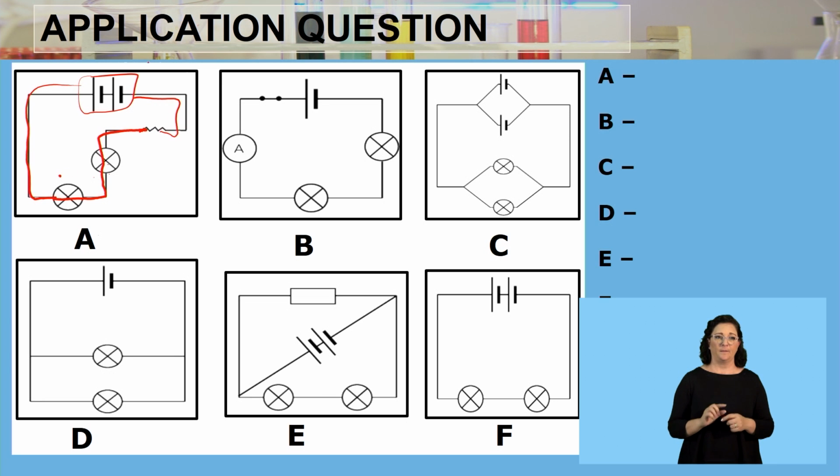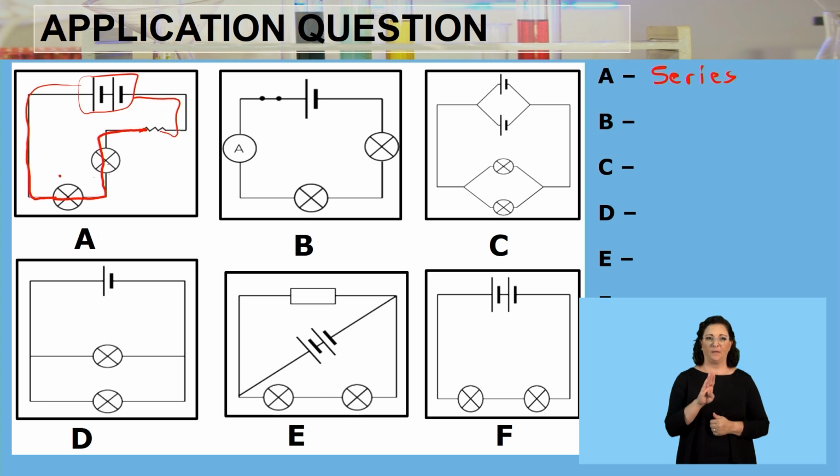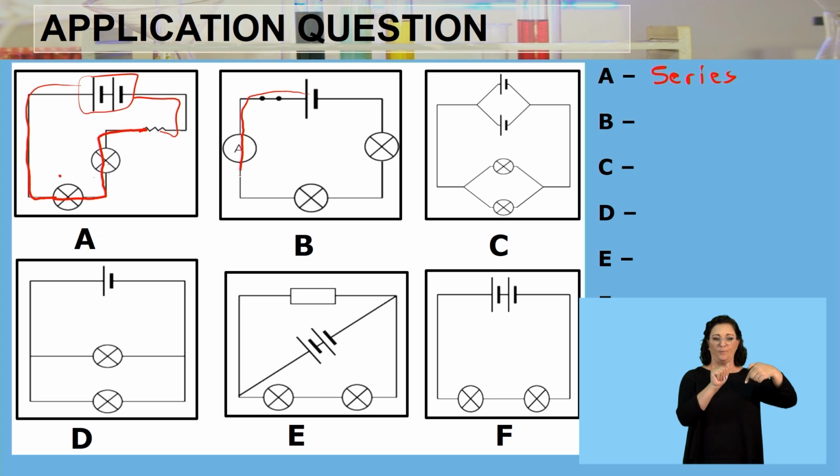So in circuit A, the current only took one path. There was only just one path for that current to take, and because of that, A is in series.